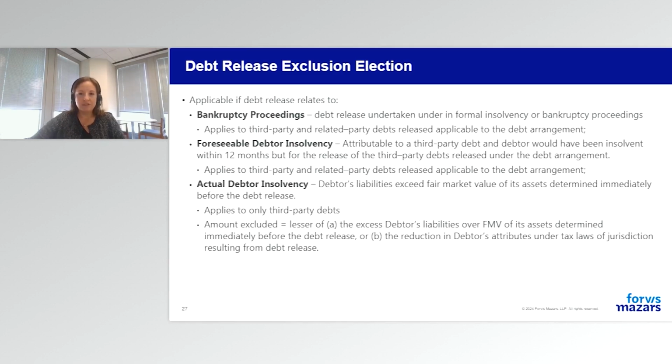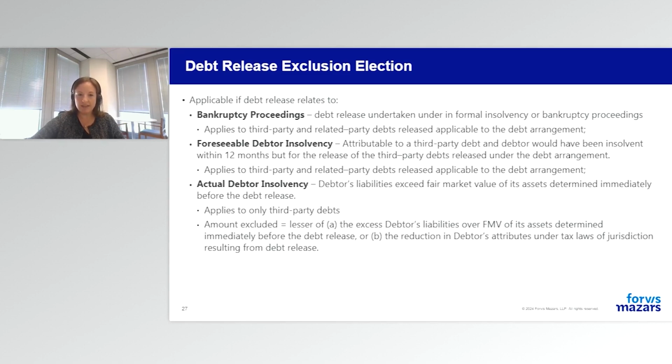There are specific situations in which this is a possible election to make. So with that, you either have to have bankruptcy proceedings, so under a statutorily provided insolvency or bankruptcy proceeding, or it must arise as a result of a third-party debt, and the debtor would have been insolvent within 12 months if not for that debt release.